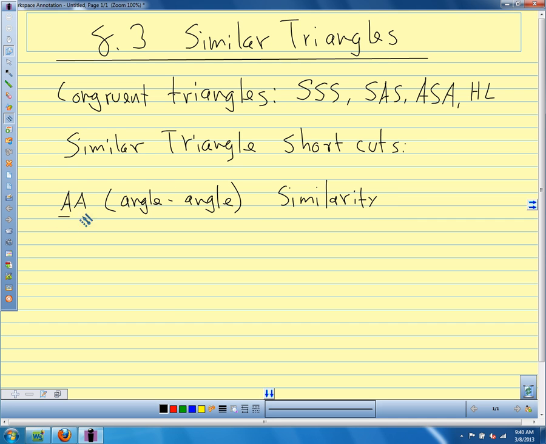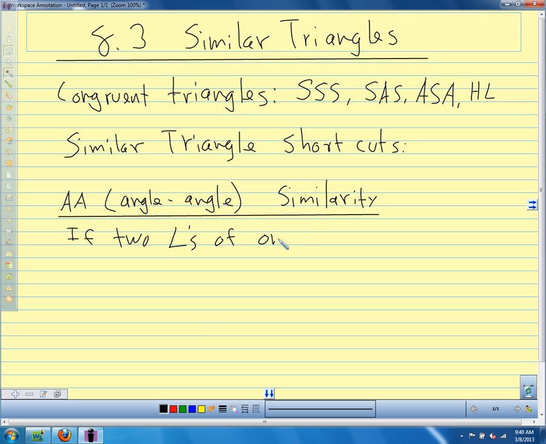So angle-angle similarity says that if two angles of one triangle are congruent to two angles of another triangle, then they are similar.